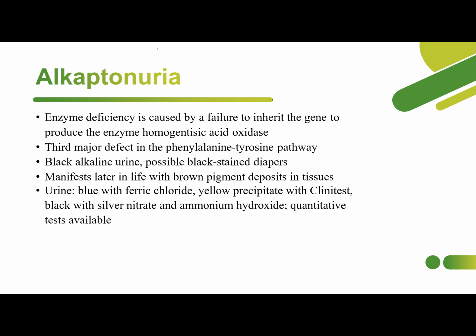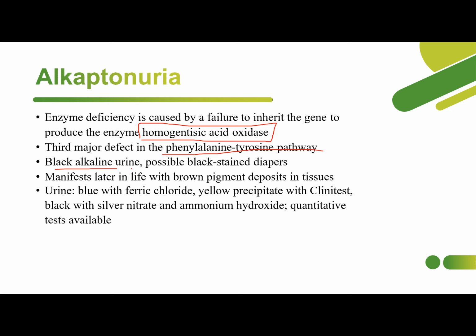Then we have your alkaptonuria. Now, alkaptonuria, class, is an enzyme deficiency caused by a failure to inherit the gene to produce the enzyme homogentisic acid oxidase. So the problem with your alkaptonuria is that there's a deficiency in homogentisic acid oxidase, the third major defect in the phenylalanine-tyrosine pathway.